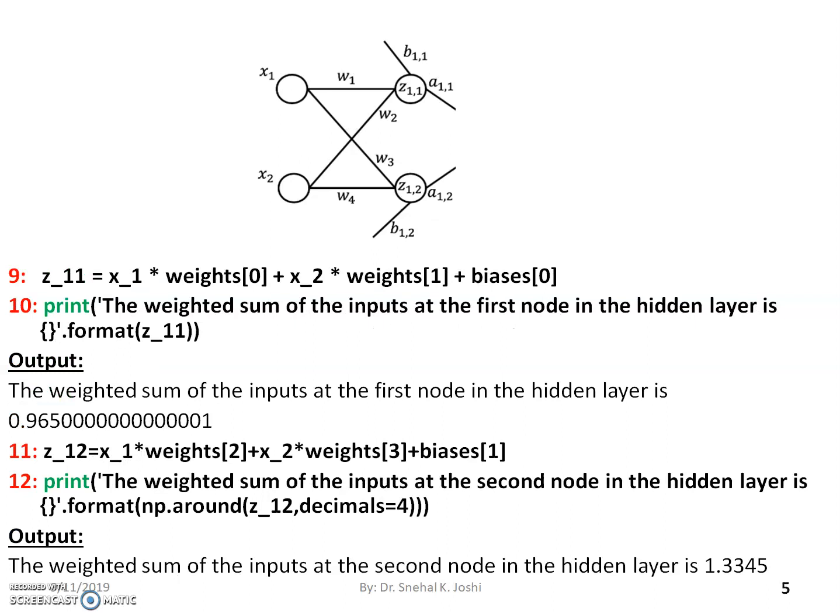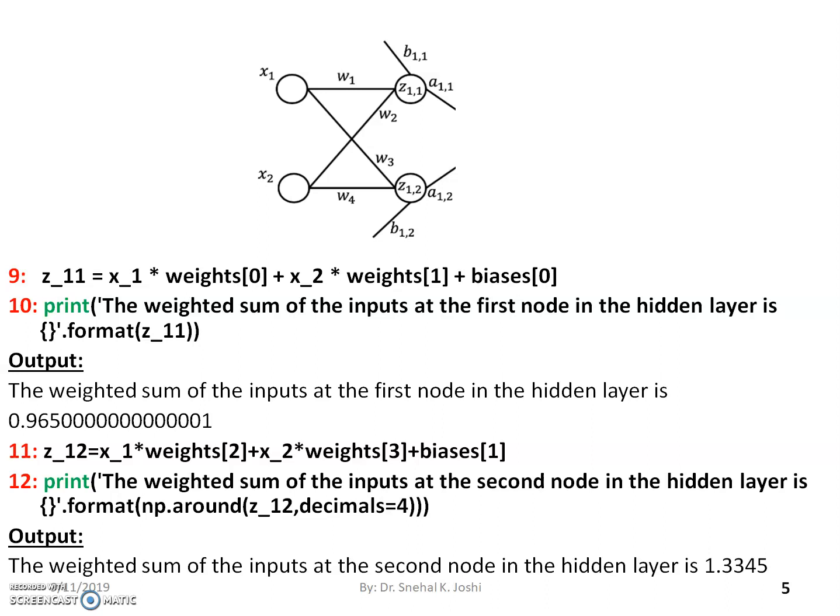Now let us calculate the weighted sum Z11 first. As we know, the weighted sum is equal to the sum of the product of input values and their corresponding weights, plus the bias value.